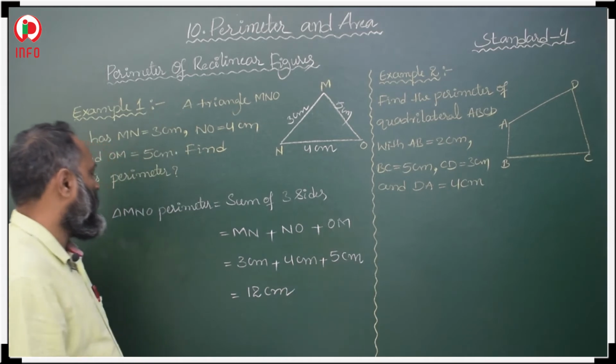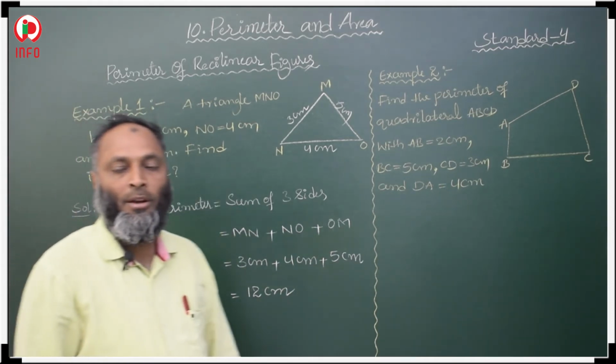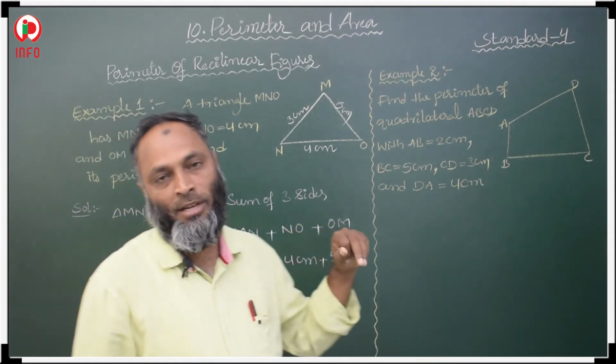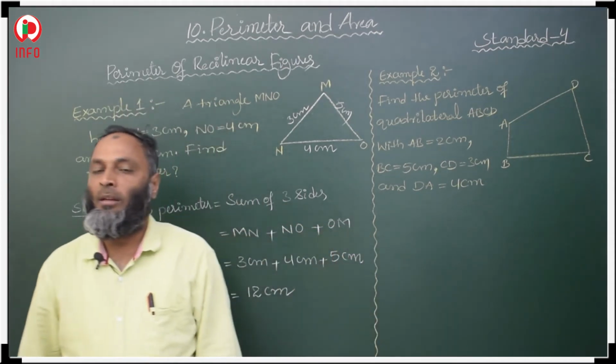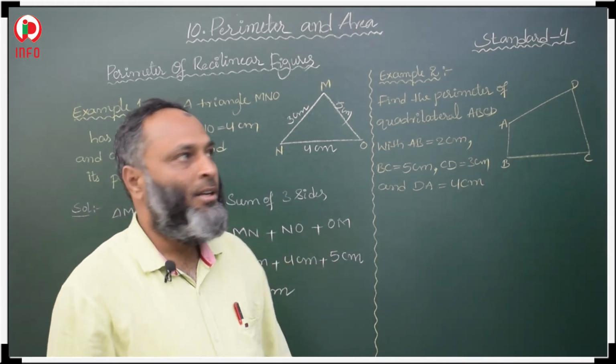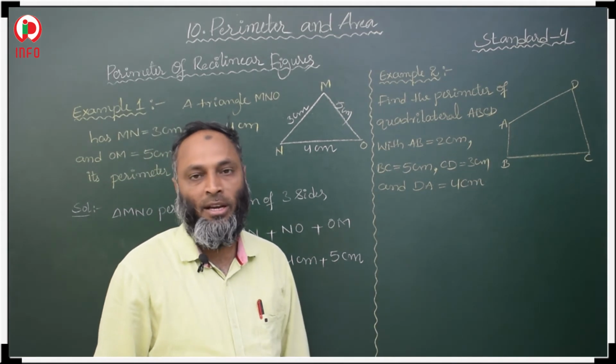This is our triangle MNO perimeter. Perimeter means we add all the side lengths, then you will get the perimeter of the rectilinear figure. A triangle is a rectilinear figure, so add all the 3 sides.